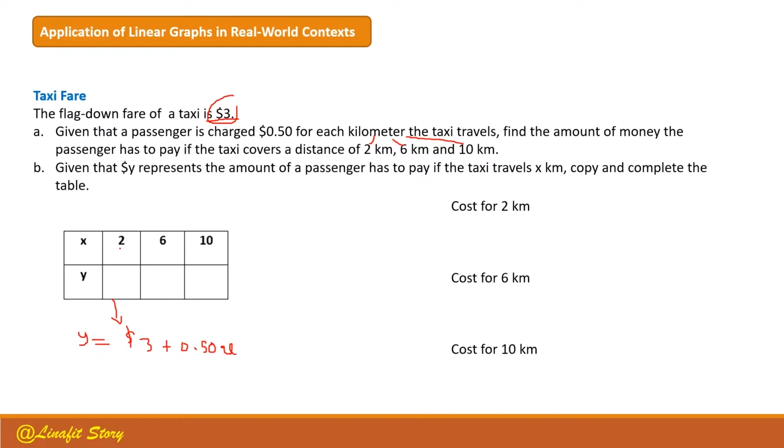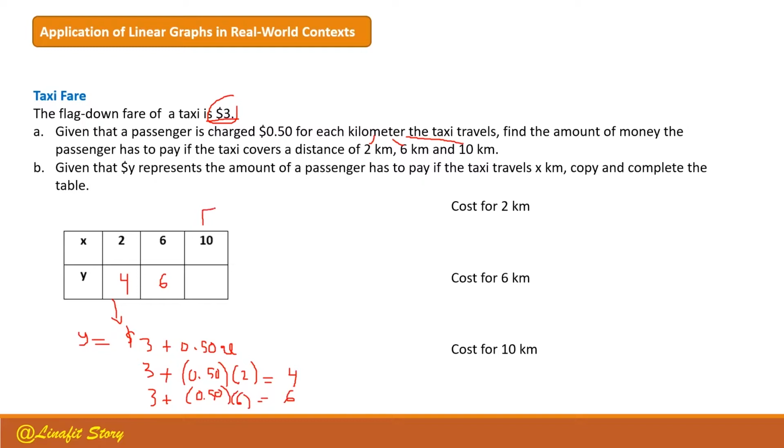If x is 2, so 3 plus 50 cents times 2. The answer is $4. If x is 6, so 3 plus 50 cents times 6. The answer is $6.